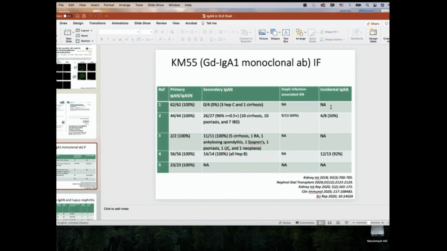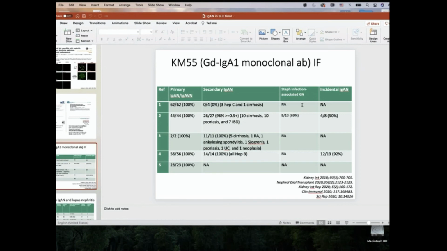And in my hands, KM55, our results are not published. We were a little bit behind for a publication on that. But anyway, our data showed these cases, either Hep C or cirrhosis-related IgA nephropathy, diabetic secondary IgA nephropathy, are positive for KM55.